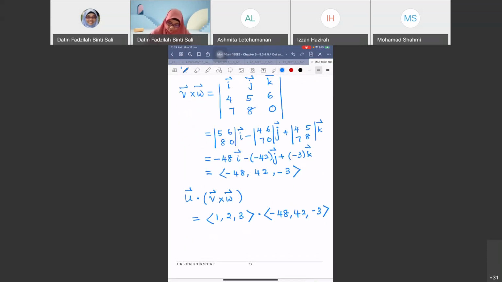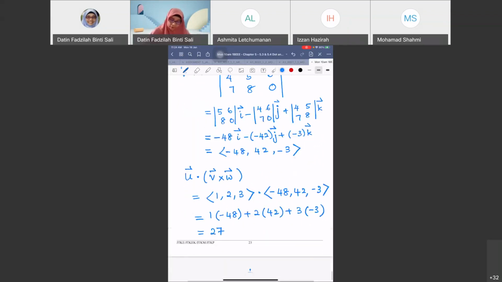All right, so dot: 1 times minus 48 plus 2 times 42, plus 3 times minus 3. What do you get? Use calculator. I straight away get positive 27. So you see it's a number.